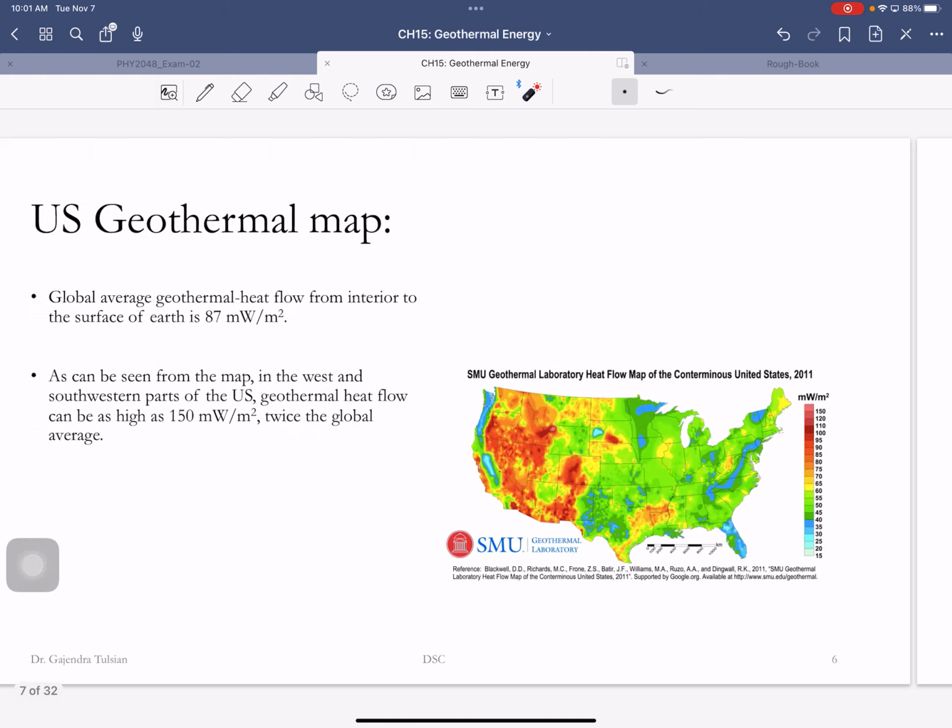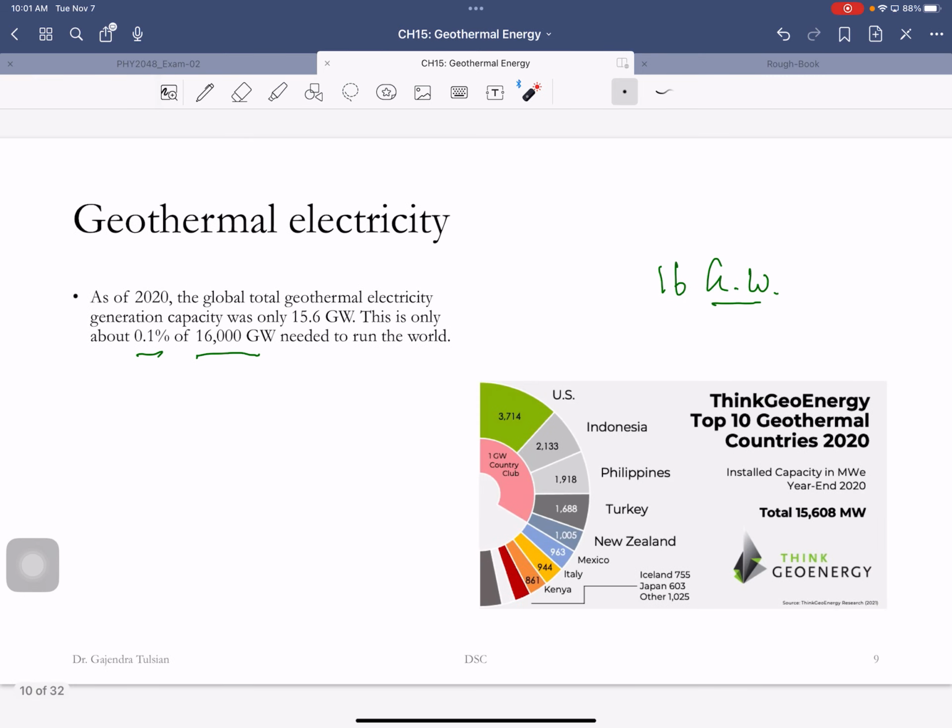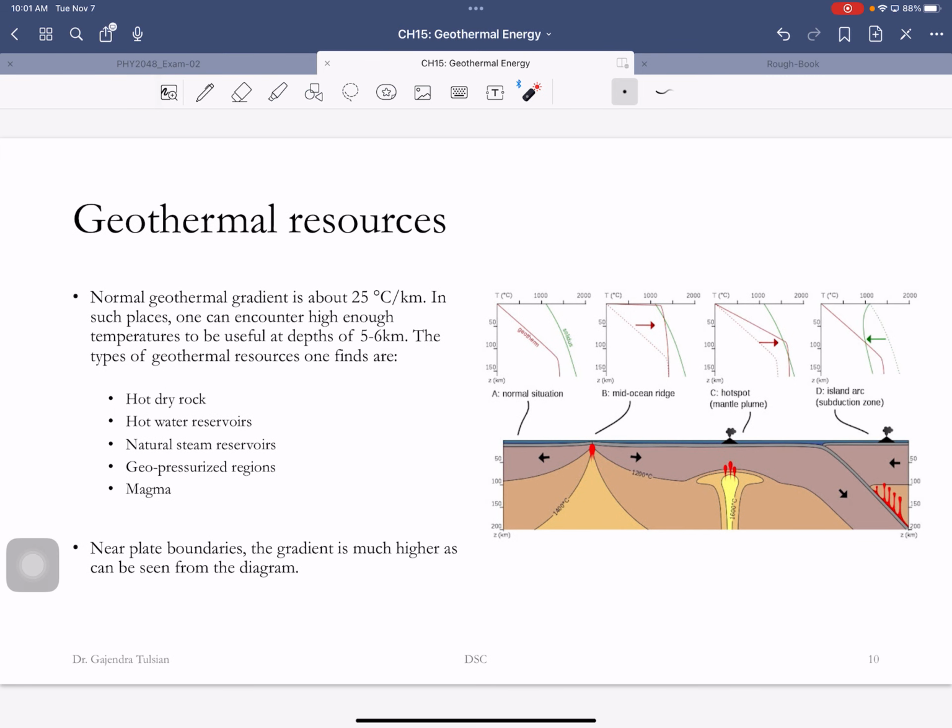So here's a picture that shows you this. Normal geothermal gradient is about 25 degrees Celsius per kilometer. What do you think that number means? Like it raises 25 degrees, yeah, exactly.